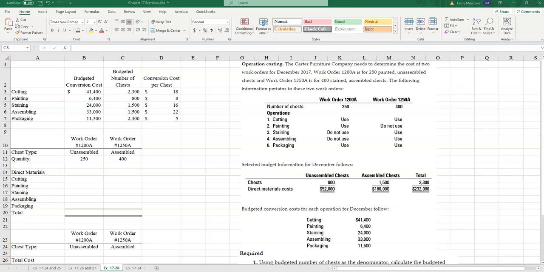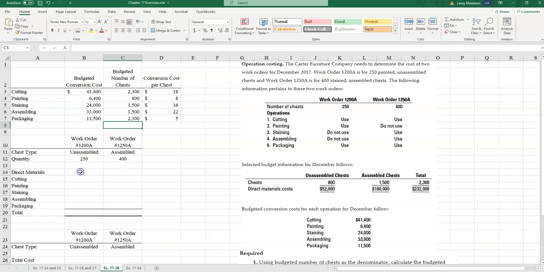So let's compute the direct materials costs of the unassembled chests. And we're going to work on computing the cost for work order 1200A first. Now that chest type is unassembled, and we're going to have in this work order 250.